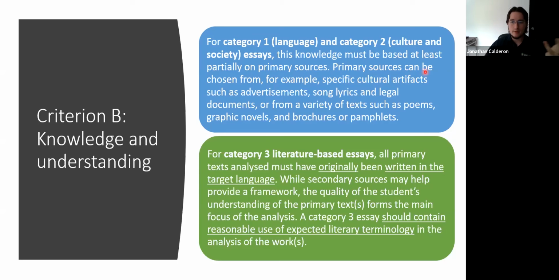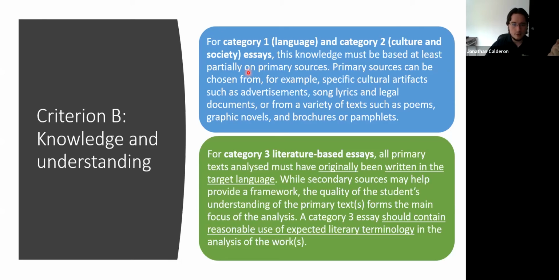A primary source can be chosen from, for example, specific cultural artifacts, such as advertisements, song lyrics, and legal documents, or from a variety of texts such as poems, graphic novels, and brochures or pamphlets. Again, a poem would be considered a work of literature. However, it's not the poem itself that is going to be analyzed, but the impact that it gave, okay?